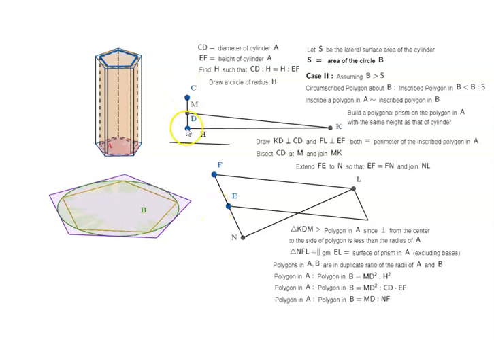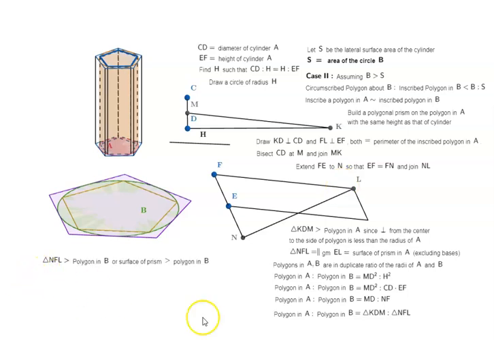Now, CD is twice MD. We are given FE. We want twice of FE. So that is why we extended it so that FE equals EN, which is NF. So MD is to NF. So polygon in A is to polygon in B is equal to triangle KDM is to triangle NFL, because KD is equal to FL.